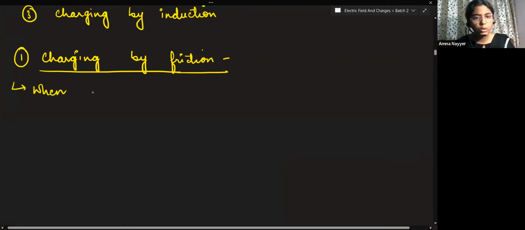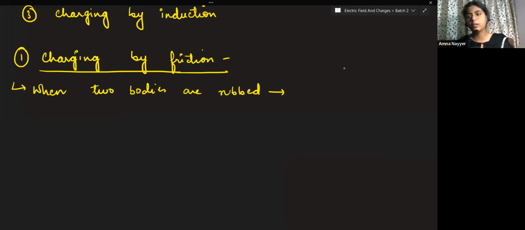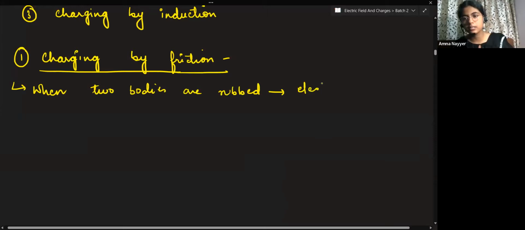For charging by friction, the condition is that the two bodies should be rubbed past each other. Whenever two bodies are rubbed, electrons get transferred.